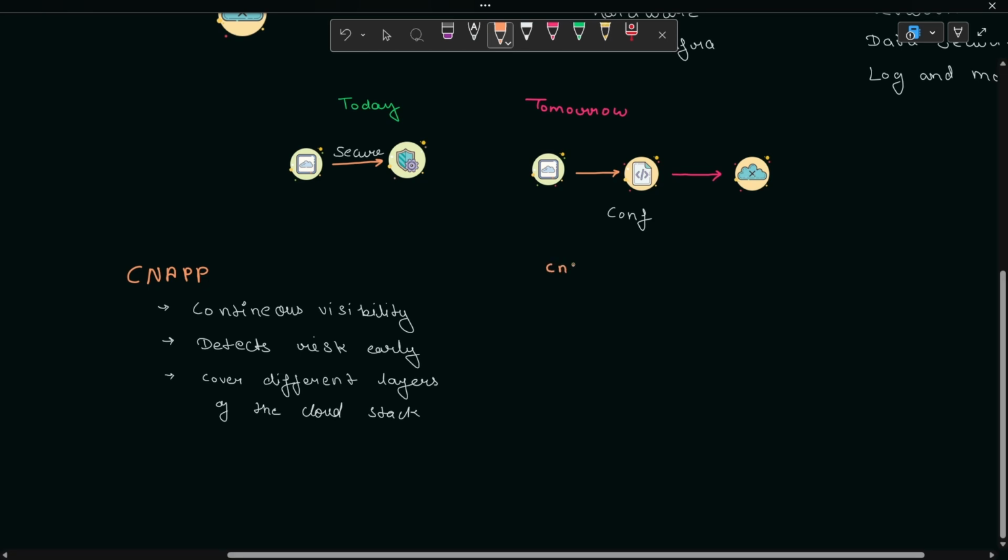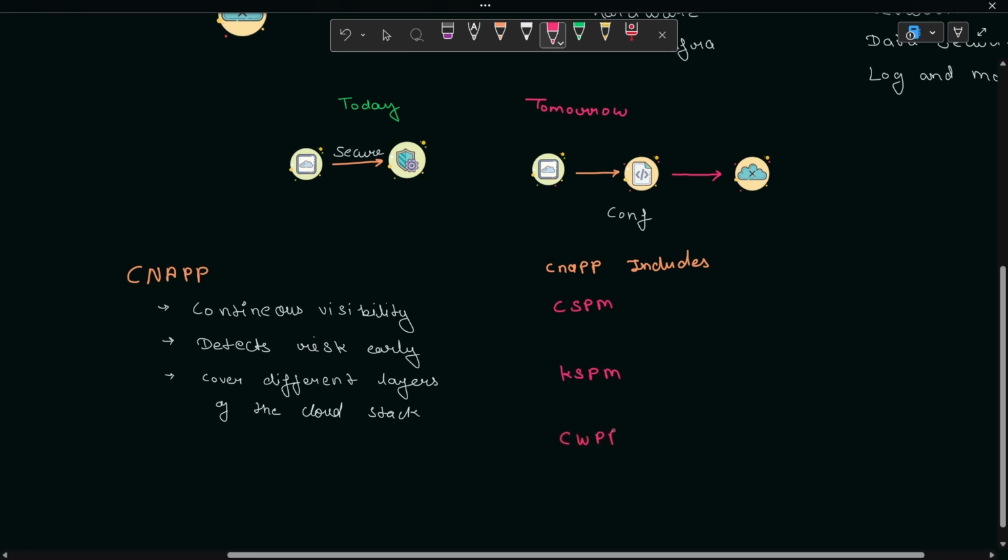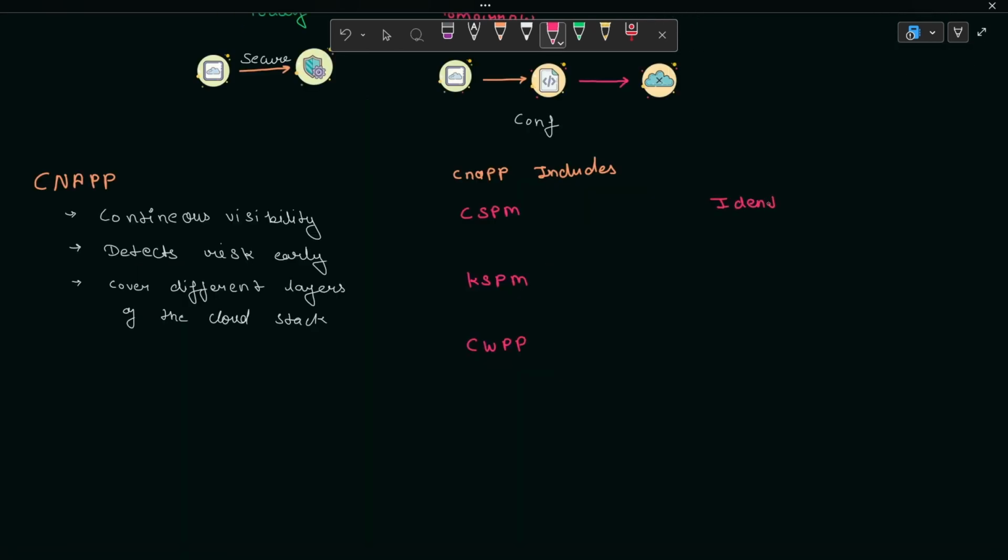CNAPP typically includes Cloud Security Posture Management, which is CSPM, Kubernetes Security Posture Management, KSPM, Cloud Workload Protection, CWPP, Identity and Access Security, Infrastructure as Code Scanning, and much more based on what you are using in your cloud environment.